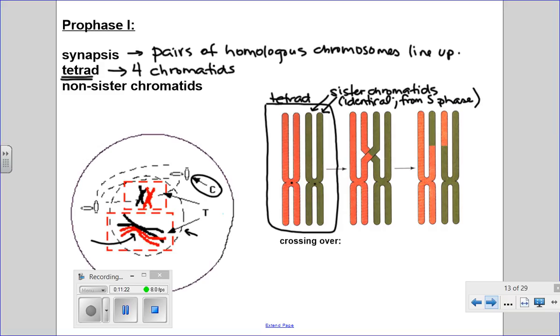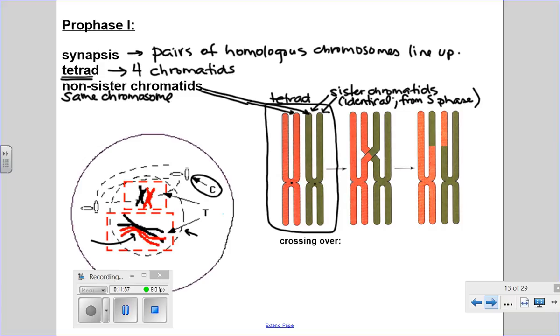Now, that's not the only thing I have in my tetrad. I have sister chromatids, so the two green ones or the two red ones would be considered sister chromatids. But if I were to indicate these two, one of the red ones and one of the green ones, they are non-sister chromatids. So what does that mean? They are the same chromosome.